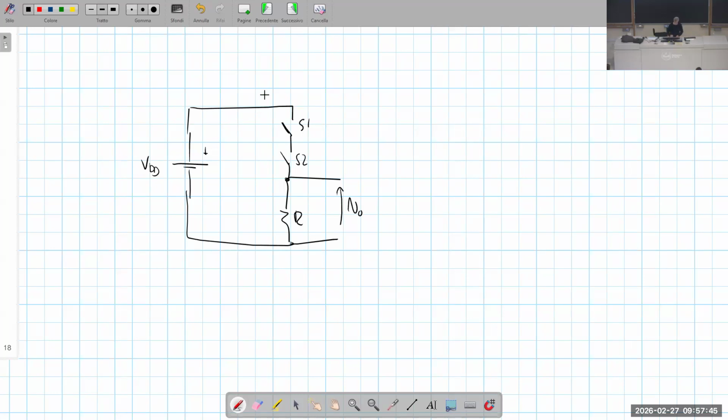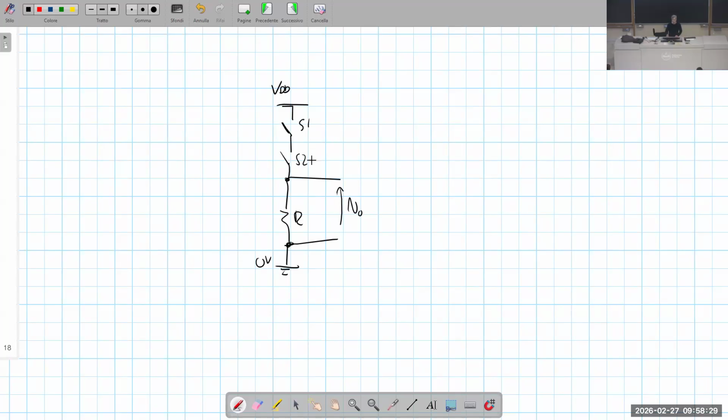Actually, the notation I wanted to introduce is, instead of explicitly including the battery, very often what is done is to simply indicate a horizontal line with the label VDD and this symbol which indicates 0, that is the negative of the battery. This is just a shorthand notation. By the way, these symbols imply the presence of a battery from VDD to 0.